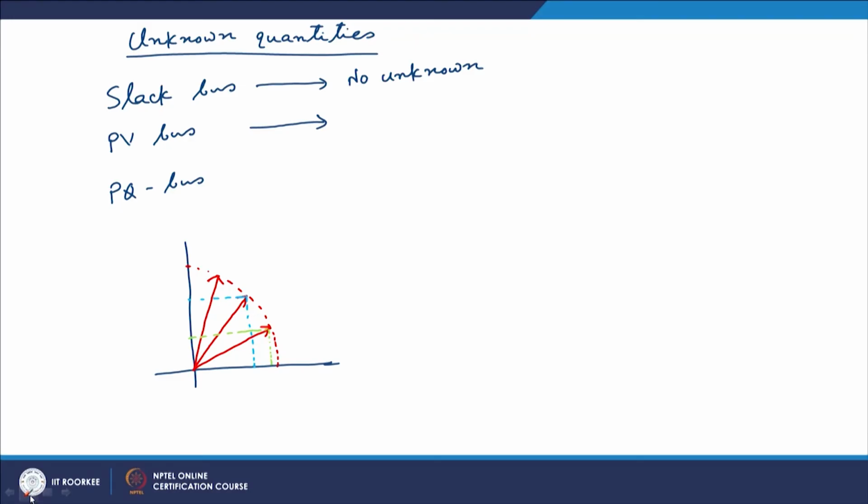So, even though we do pre-specify the bus voltage magnitude, because we do not pre-specify the bus voltage angle, both Ei and Fi are unknown. So, at every PV bus Ei and Fi are unknown.